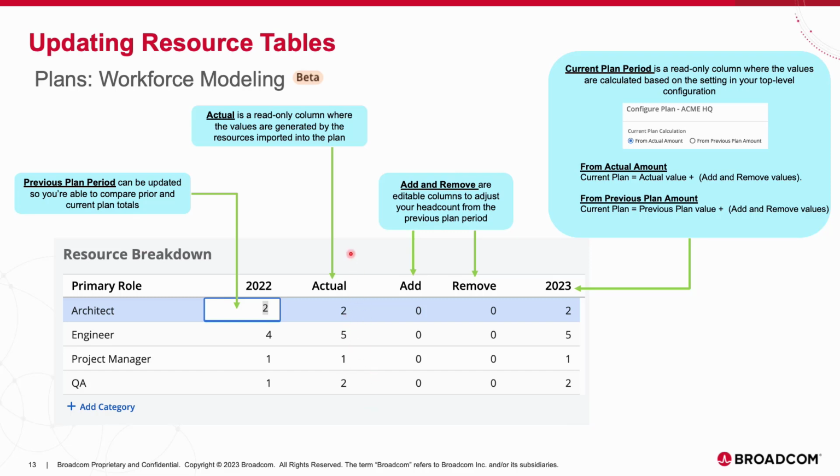The add and remove are editable columns, depending on what you want to add or remove to determine the value of your current plan. And we talked about the current plan amount being based on the add and remove against either your actuals or your previous plan amounts, and you choose that within your configuration.